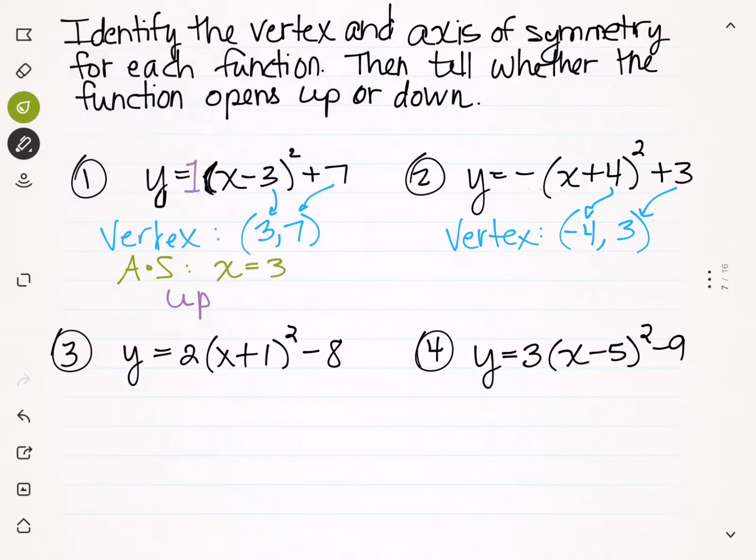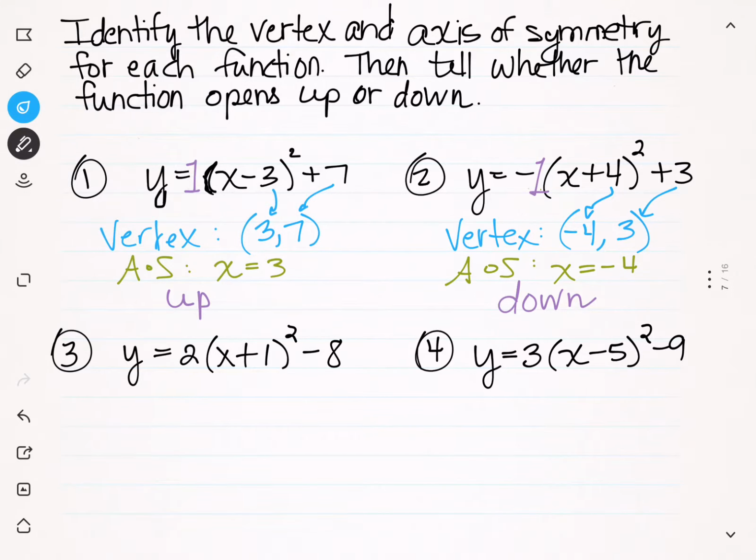My axis of symmetry is going to go through my vertex at the x value. So x is equal to negative 4 is my axis of symmetry. Now this equation is showing that the value of a is negative 1. Since it's negative, our parabola will open down.